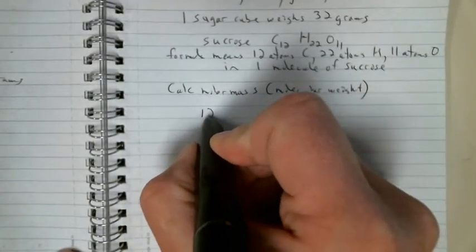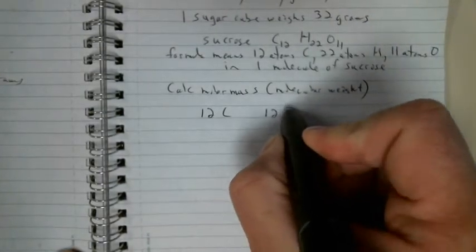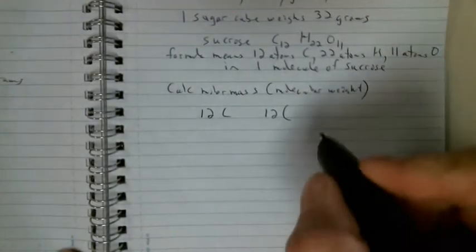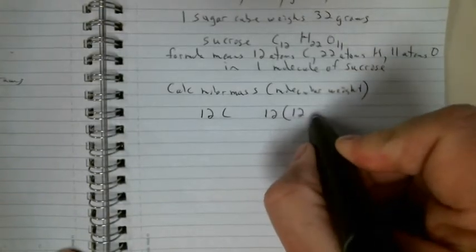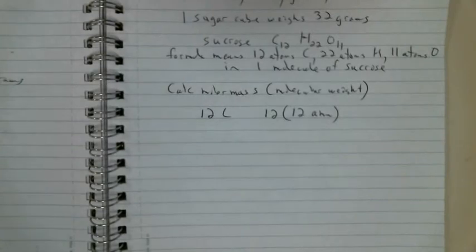We've got 12 carbons, so that's 12 times the mass of carbon. Carbon weighs 12 AMU, the average is 12.01, but we can round that. That is close enough to 12.